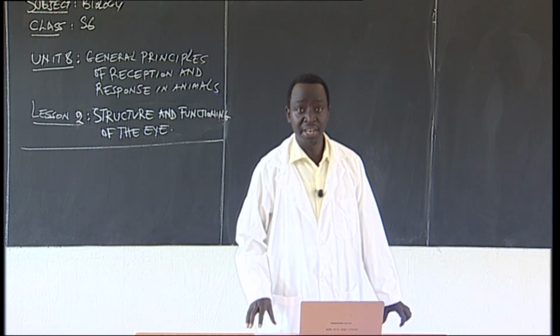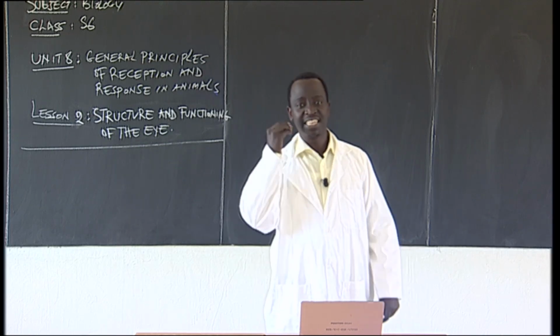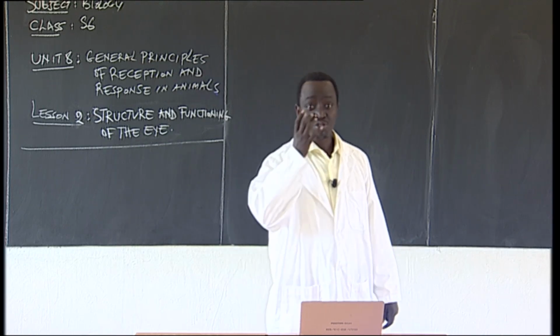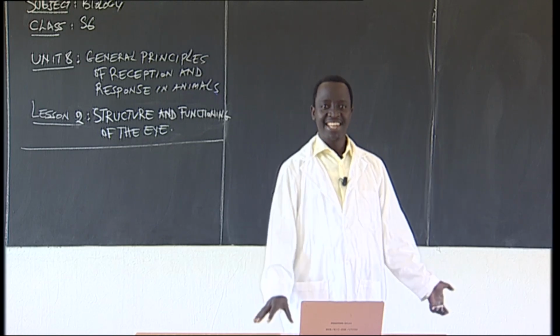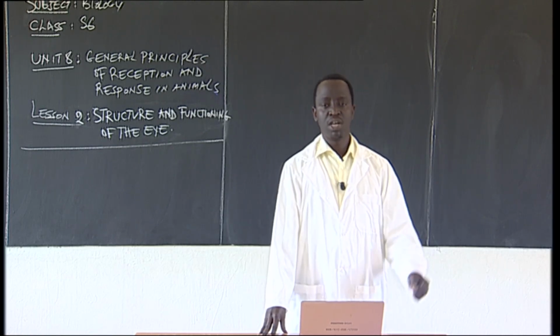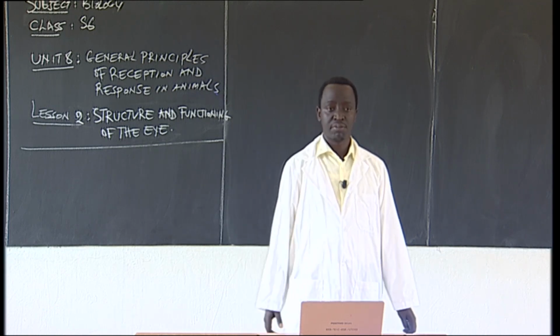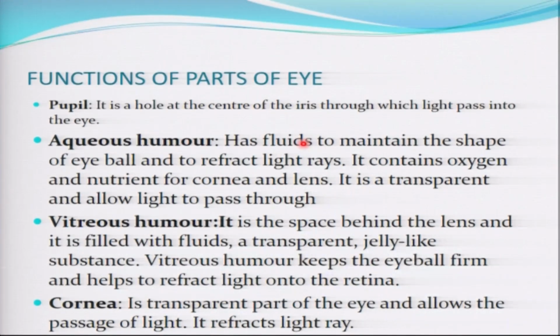Then we can get the energy, ATP energy. We have talked about this. That energy can help you to see. If there is no energy, it is not easy to see. That's why oxygen and other nutrients need to be transported into the eyes. They pass through this aqueous humor. It is transparent and also allows light to pass.